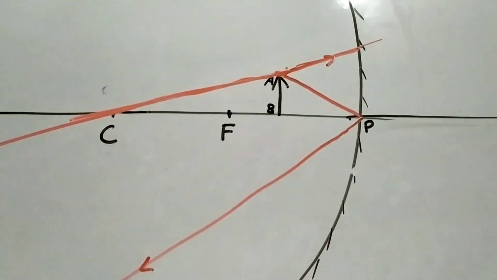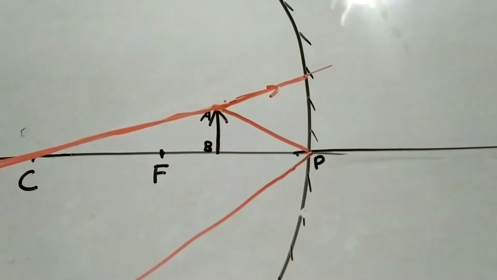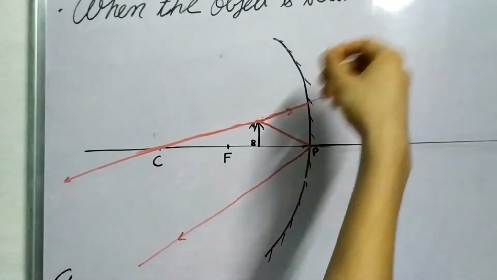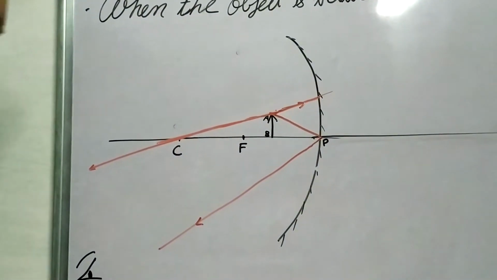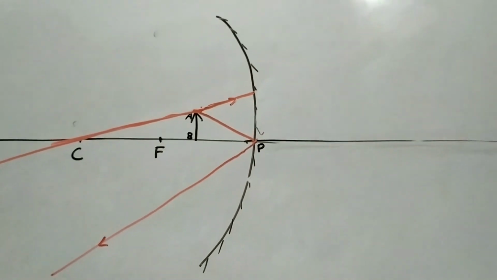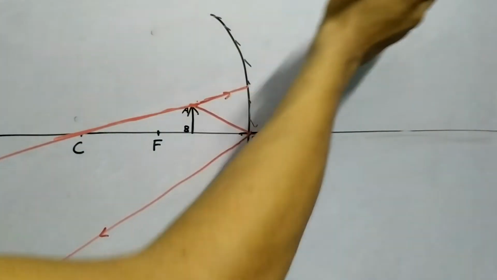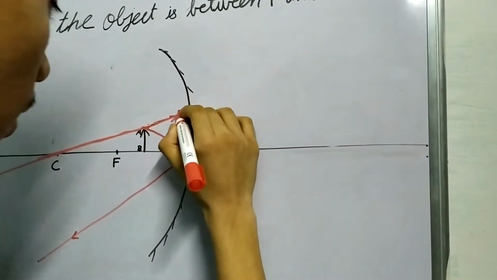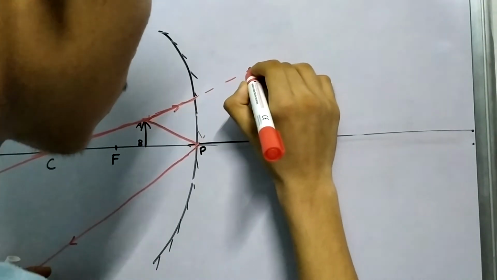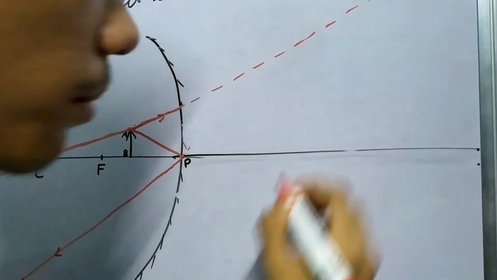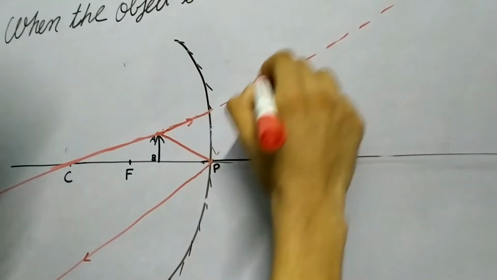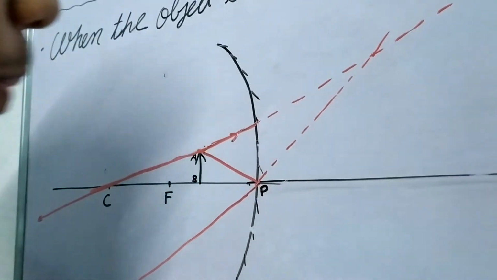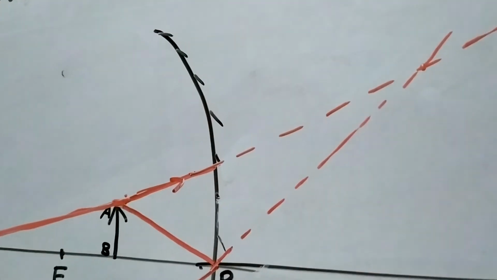The brain will tell him that if these rays are diverging, they must come or diverge from a point. So it will look to the person as if these rays are diverging from a point. So if we extend these rays backwards, and this one too, they appear to meet at this point.